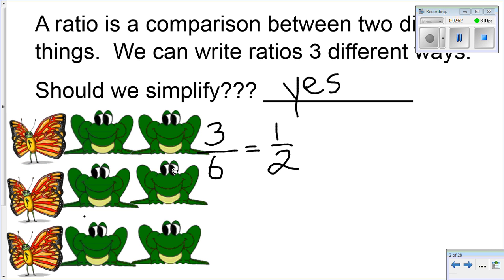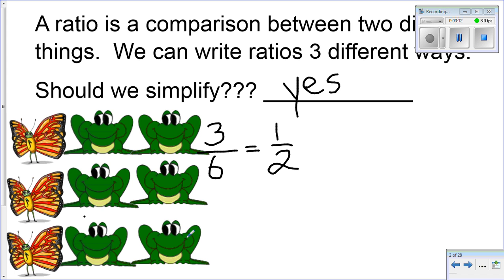Okay? If these are the, I guess, animals that I'm observing, I need to ask myself, is this a part-to-part comparison or a part-to-whole comparison? Where the whole represents everything that I'm observing.